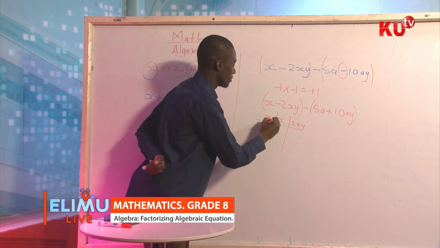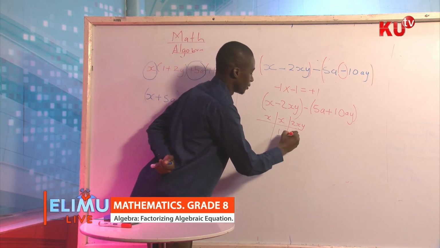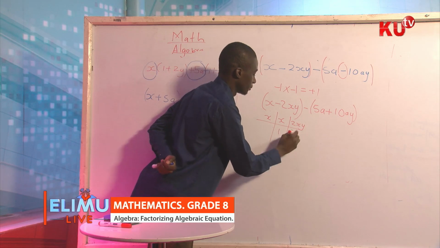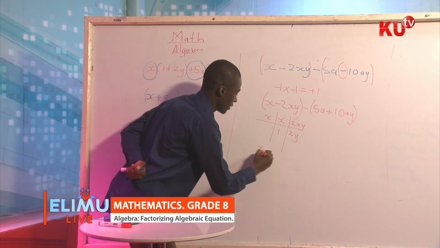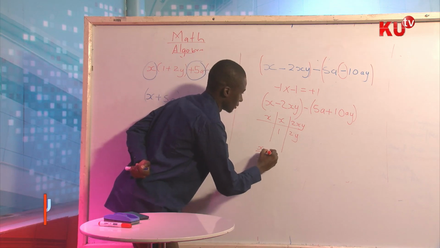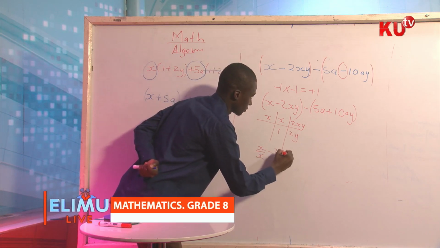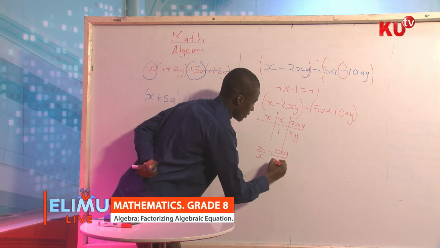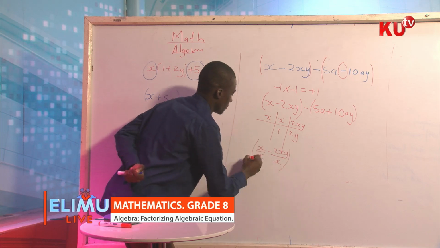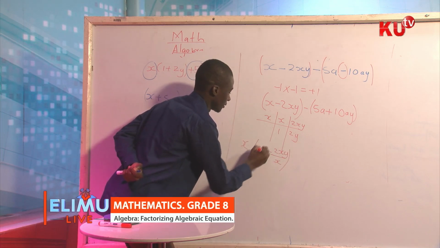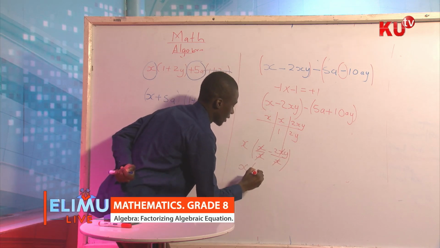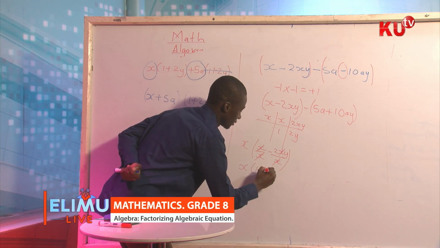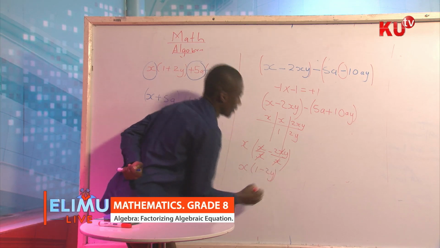Your common term in this case is x, 1, 2, y. So your GCD in this case will be x: x divided by x, subtract 2xy over x, multiply by x, x into bracket 1 minus 2y.